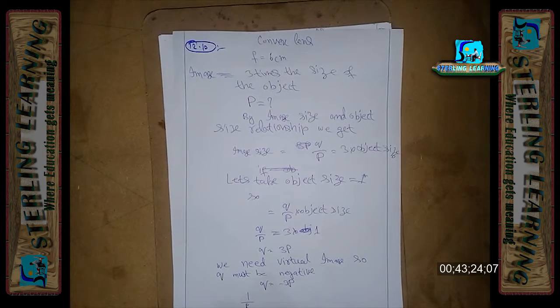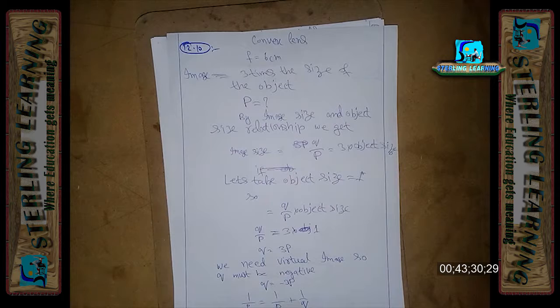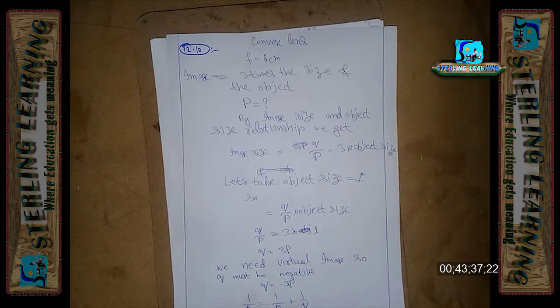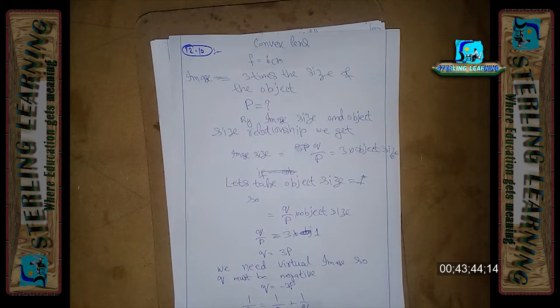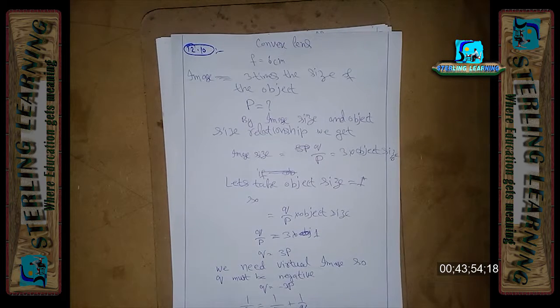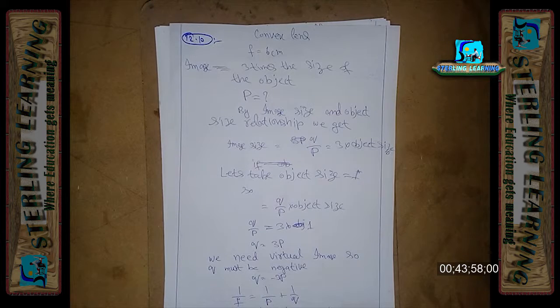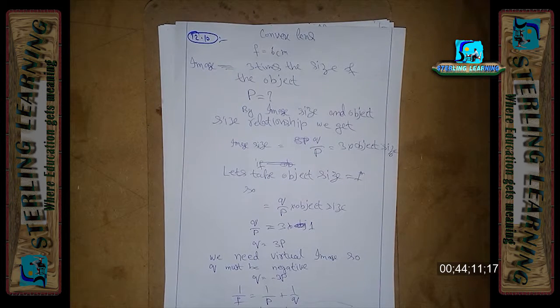Now using this formula, 1 over F is equal to 1 over P plus 1 over Q, we know 1 over 6, 1 over P minus 1 over 3P, so we will put this value here and we get 1 over 6 is equal to 2 over 3P. Solving this, we get 2 over 3P.